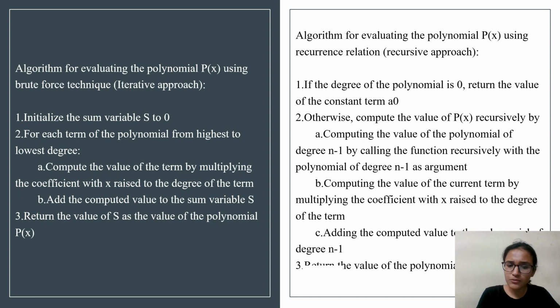For each term of the polynomial from highest to lowest degree, we will compute the value of the term, which can be calculated by multiplying the coefficient with x raised to the degree of the term, and then add the computed value to the sum variable s. After evaluating each term and adding it to the sum variable, we will return the value of s as the value of the polynomial.